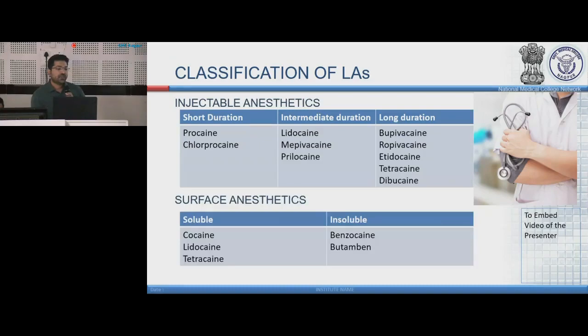Local anesthetics can also be classified depending upon their duration of action. Short acting are procaine, chloroprocaine; intermediate acting are lignocaine, mepivacaine, prilocaine; and long duration of action with bupivacaine, ropivacaine, etidocaine, tetracaine, and dibucaine. As surface anesthetics, soluble are cocaine, lignocaine, tetracaine, and insoluble are benzocaine and butamben.